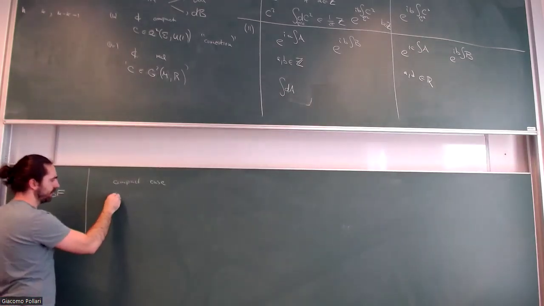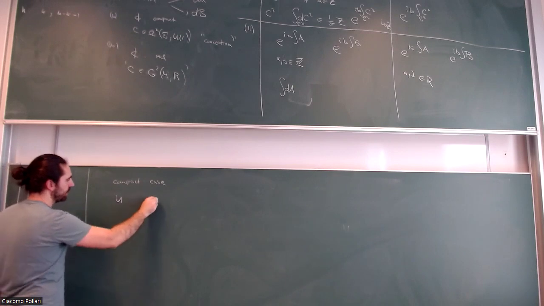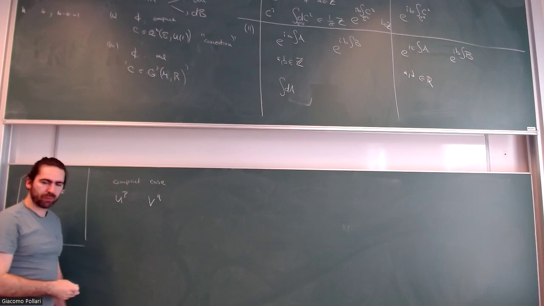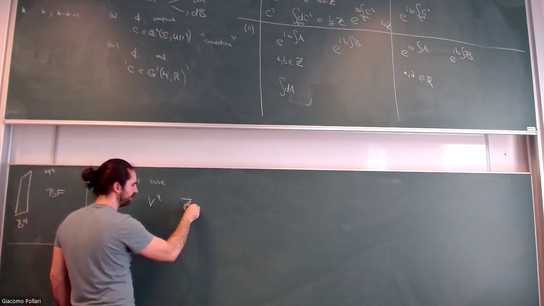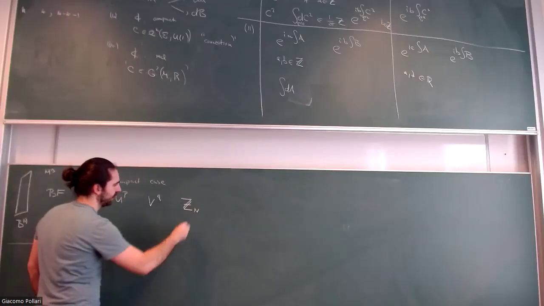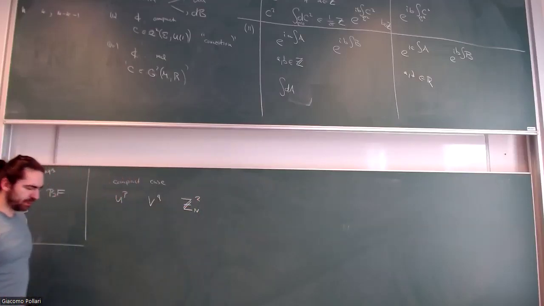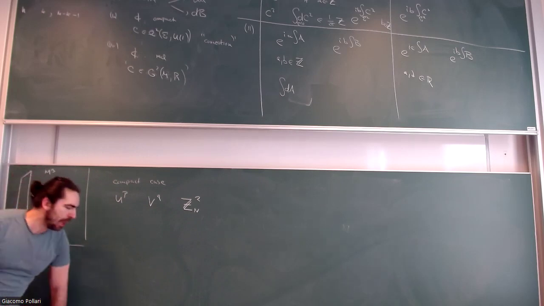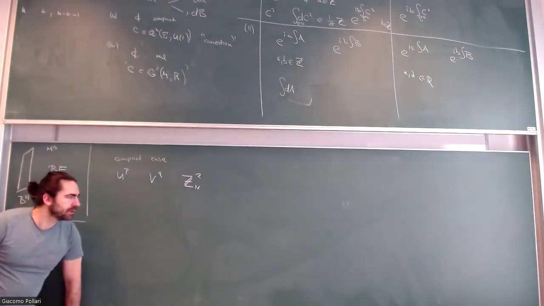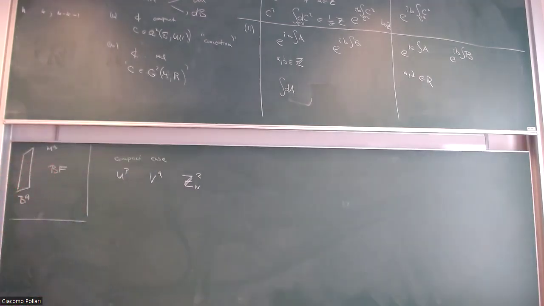So you see that I have these U and V lines. They have charges P's and Q's, and they are both in Z_m, Z_m squared. Right? So there's 2 simple types of boundary conditions which I can implement.